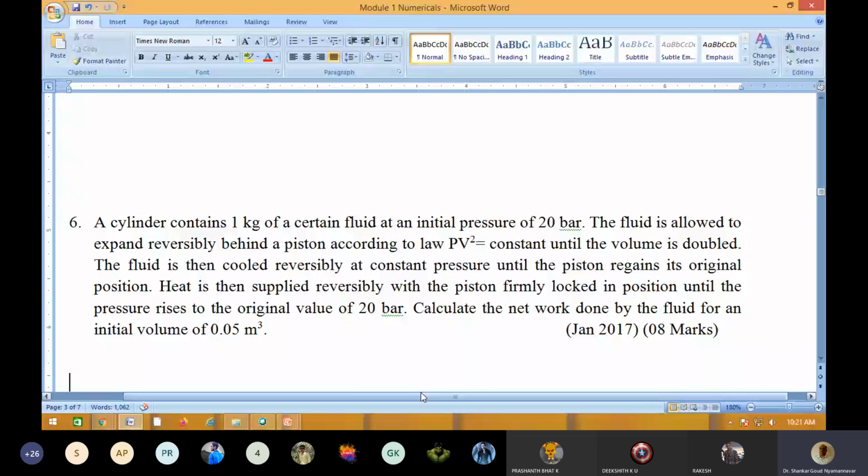Are you able to follow what I am discussing here? Yes, Prashant. What happens initially? Air expands, right? Piston moves from high pressure to low pressure. Volume increases, pressure decreases. Volume we said V2 is equal to 2V1. Then it is cooled. So if you do the cooling, what happens? Volume decreases.